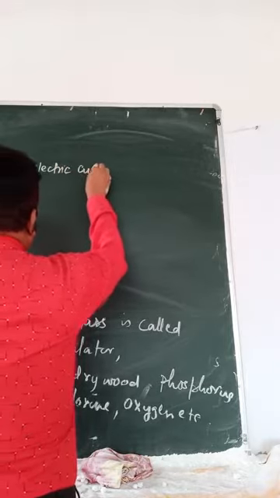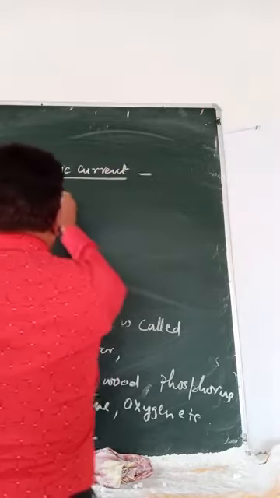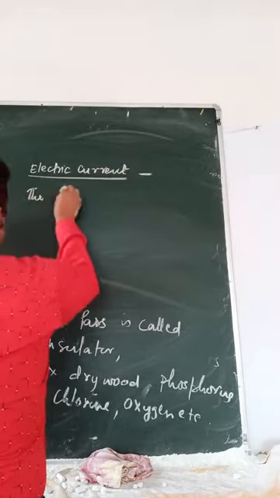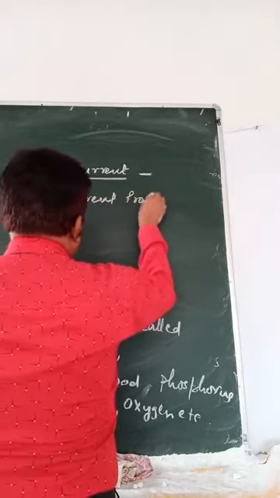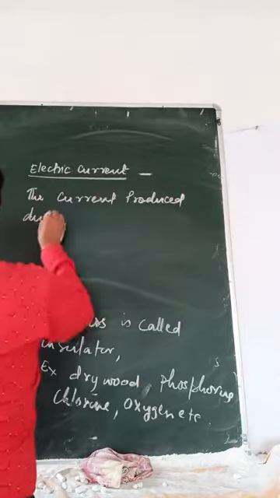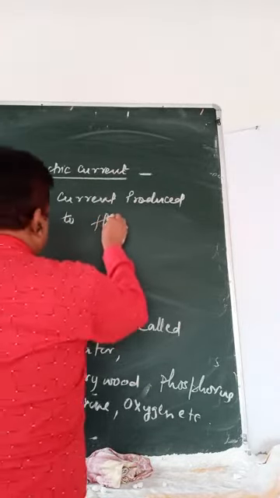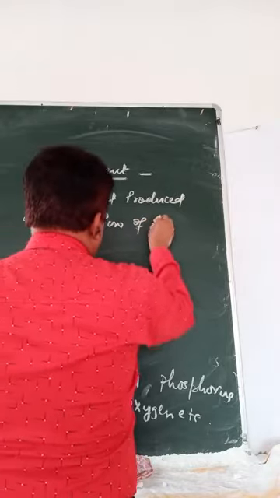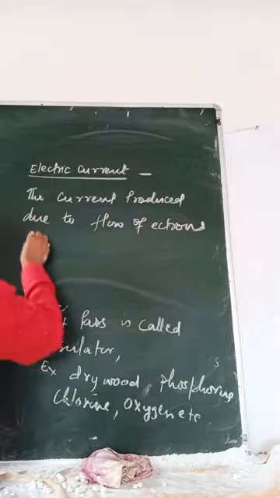Electric current is the current produced due to the flow of electrons in a conductor.